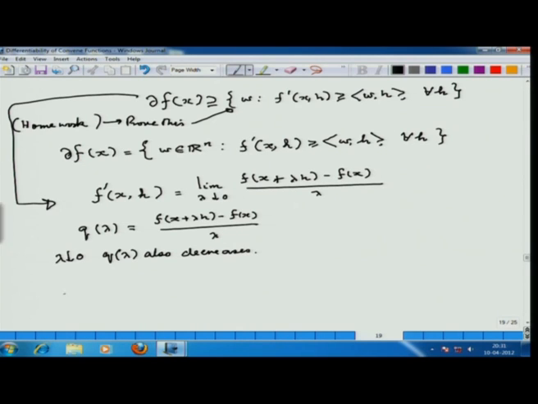So, in fact, one can also show that f dash x h is the infimum over lambda greater than 0 of the difference quotient, and this fact is fundamental to prove this inclusion. So, do take careful note.